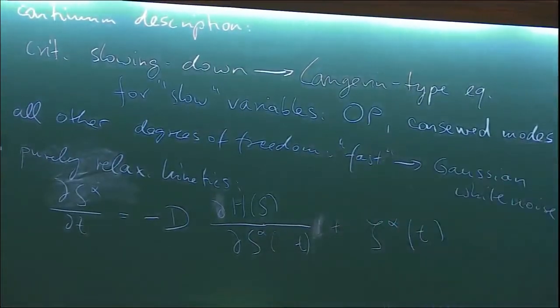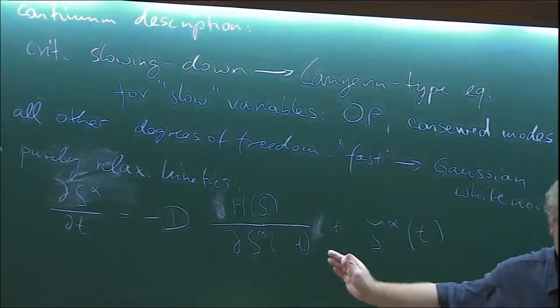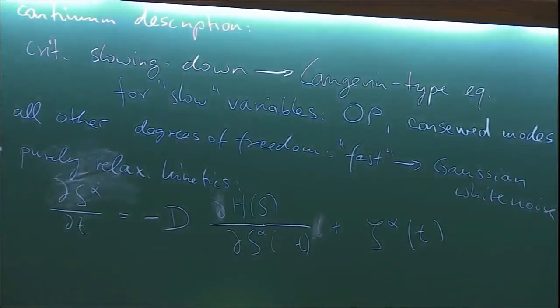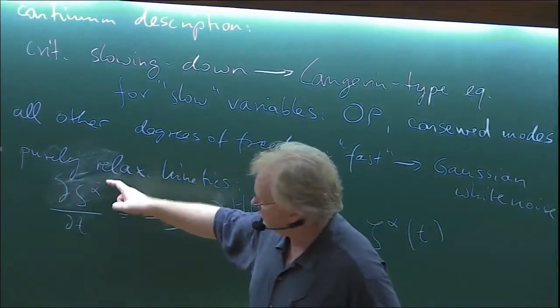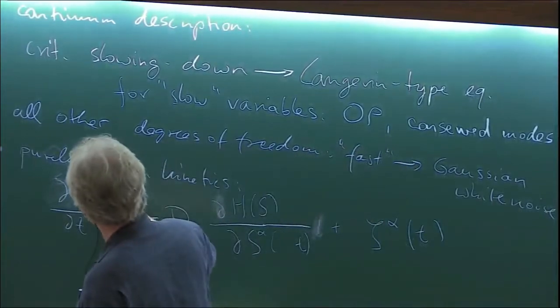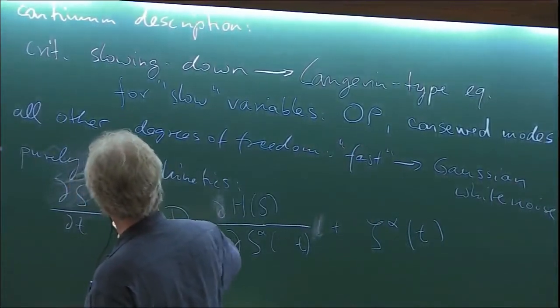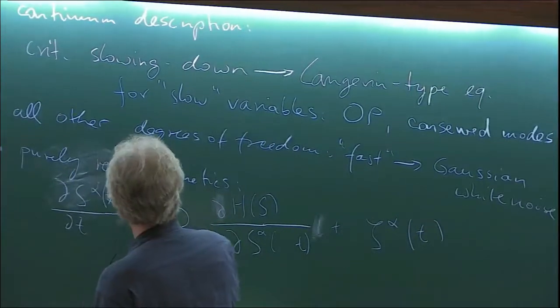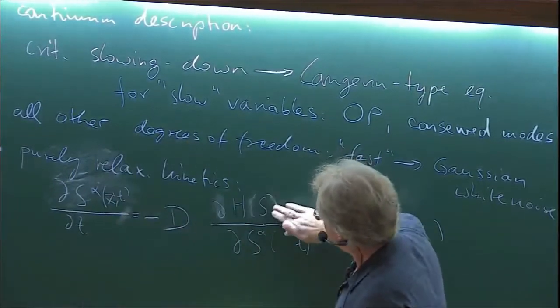But this is a little more complex because I have these fields dependent on all these spatial variables. These are fields, they depend on space. So like this discrete variable, there's a continuous variable in there. So these are functions of x and t. And that means I need to actually change this.